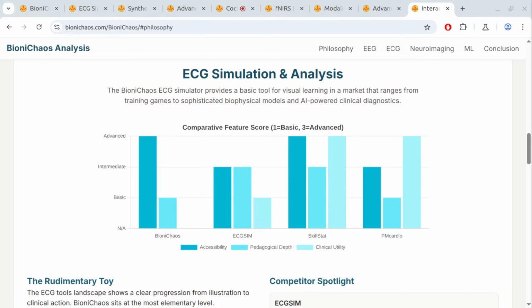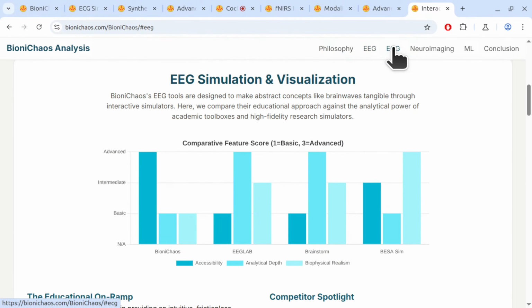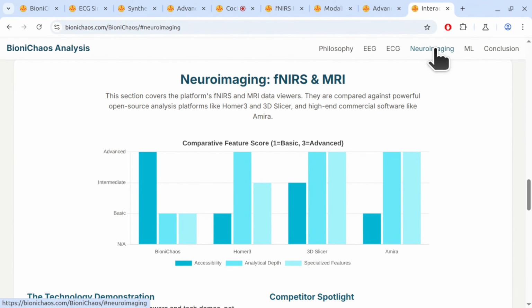Okay, what else are they doing? It's also refining the Bionic Chaos tool access, ensuring links are accurate and accessible, and gathering more detailed competitor information from sources like Noroxon and Biopac. The next steps involve correcting links, collecting and synthesizing data, and preparing a final report.